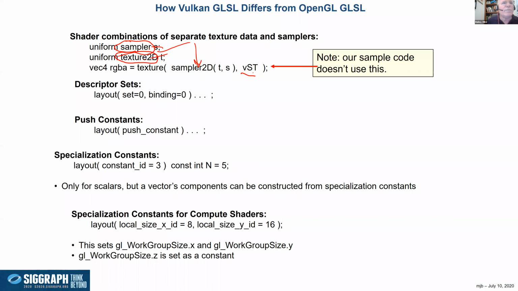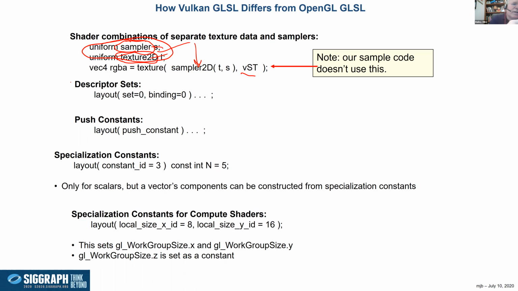This is if you want to specify separately a set of parameters to use and have that apply to, say, all textures. Well, okay, you don't have to change all textures, you just have to change those sampler parameters and include it in all your shaders. The sample code doesn't do this. The other way of doing it, the way that's more common, the way you've seen, where you combine this into one uniform variable, that still works fine.